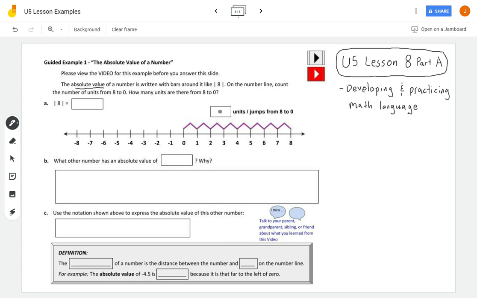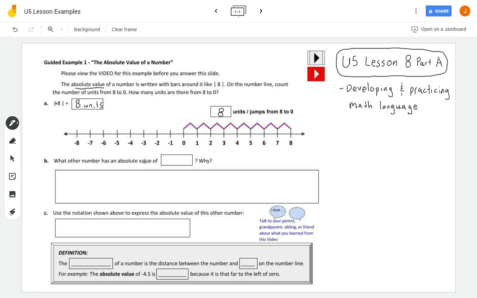Well, that makes sense because it's at the number 8. So the integer 8, or another way to say it, the integer positive 8, so this could have been plus 8, is 8 units away from 0. And what that tells us then is that the absolute value, the bigness of the number, is 8 units. And so you'll type that into that box.